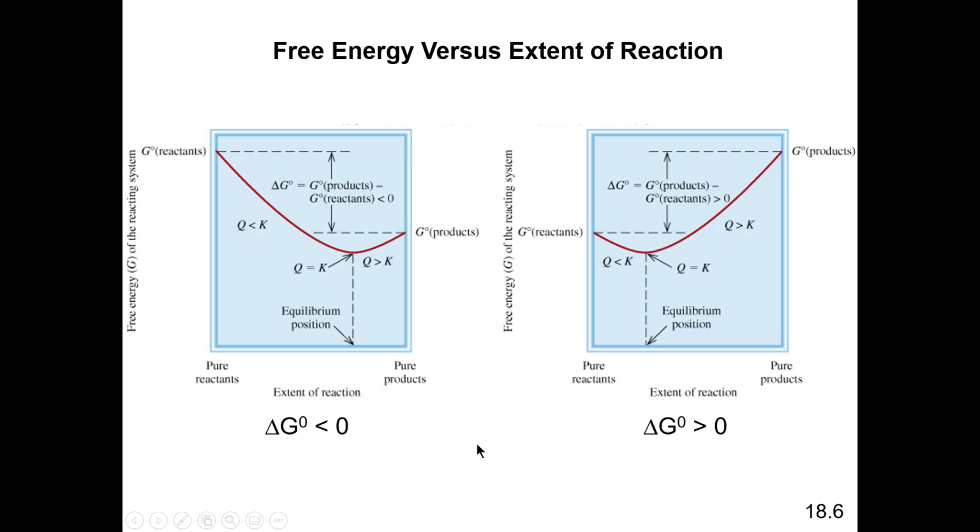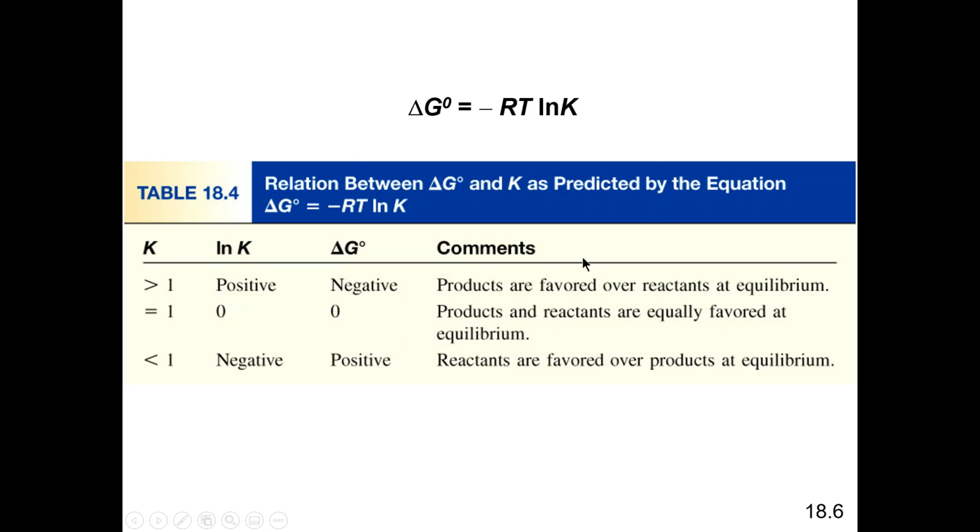All right, so this basically summarizes the relationship, as I said before, between delta G, Q, and K, and also it shows you where the equilibrium positions are and how you calculate delta G based on the graph.